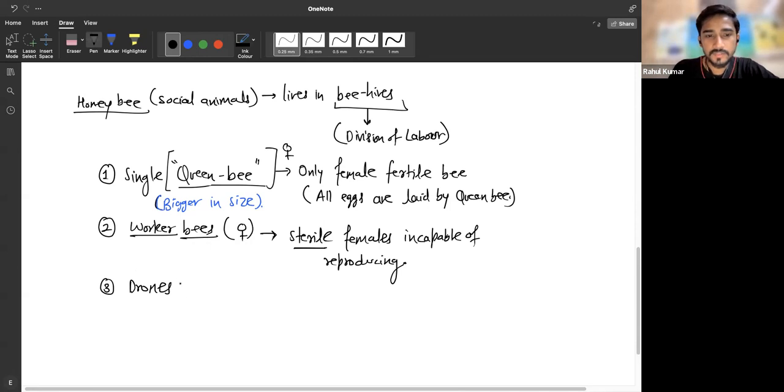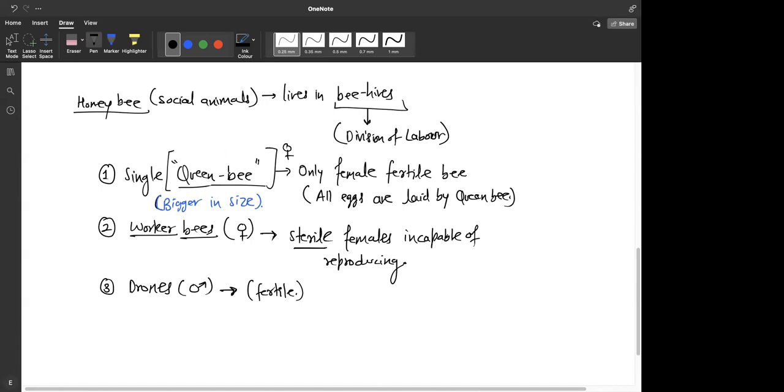Drones are basically males. They are fertile. They produce sperms. All the drones can reproduce with whom in the hive? Queen bee. Is it clear?